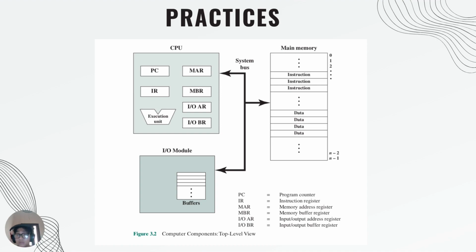Program execution consists of repeating the process of instruction fetch and instruction execution. The instruction execution may involve several operations and depends on the nature of the instruction, and the processing required for a single instruction is called an instruction cycle.